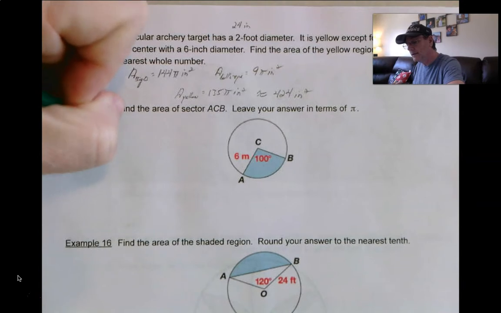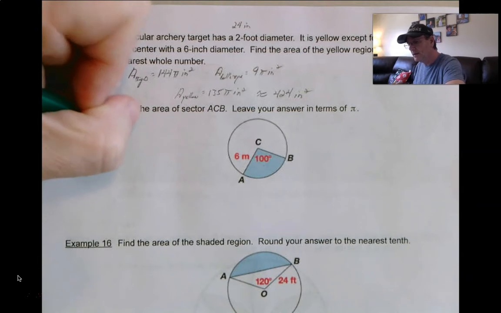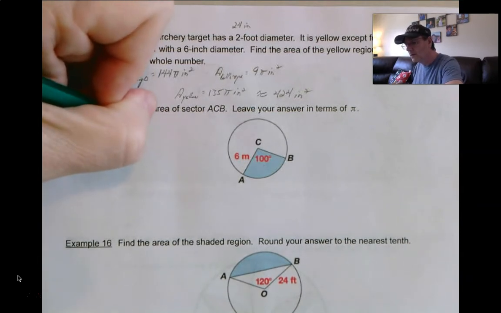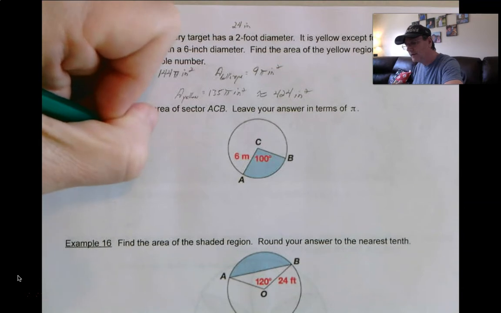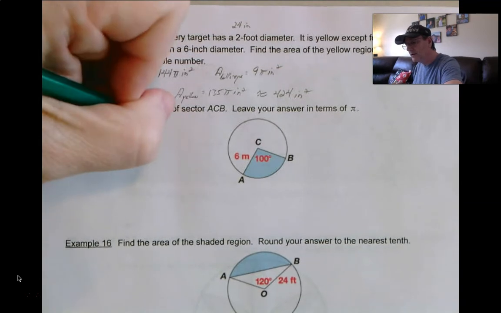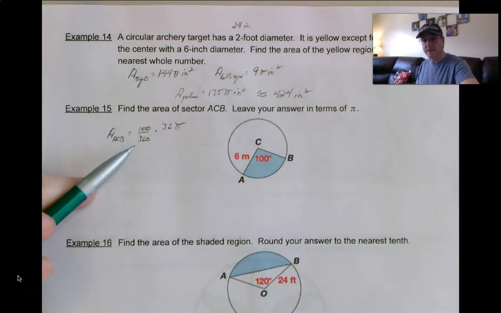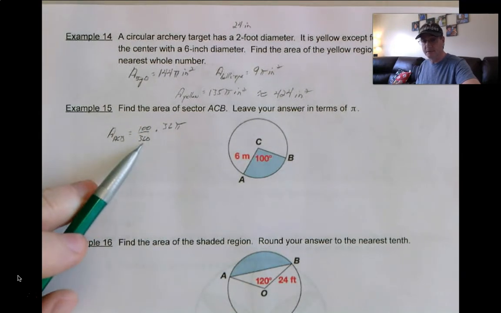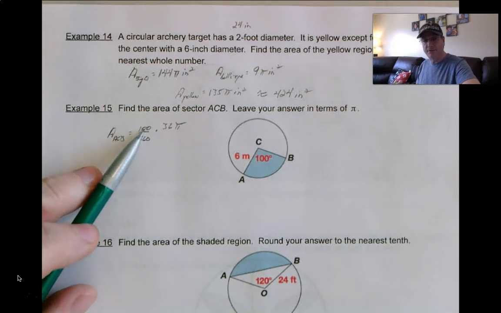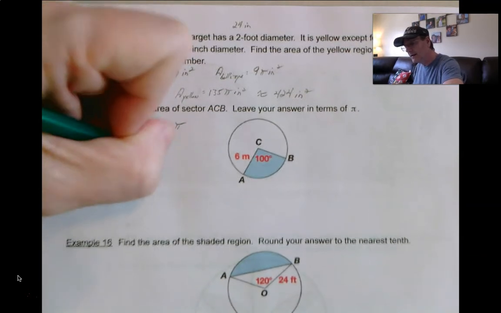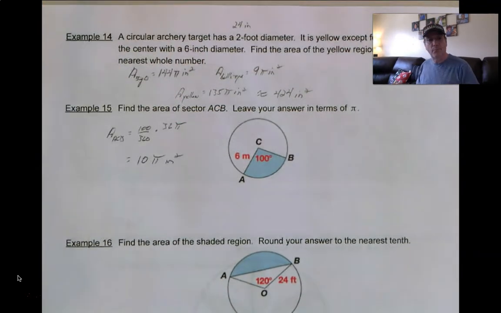So the area of sector ACB is equal to 100 over 360 times 36 pi. 36 from 360 reduces down to 10. 10 reduces into 100. 10 pi meters squared.